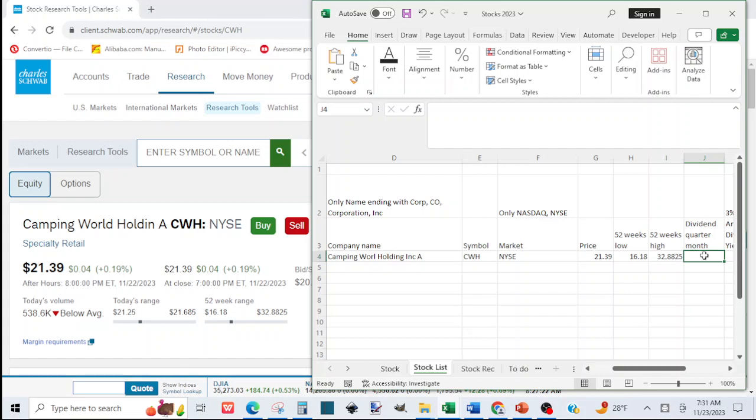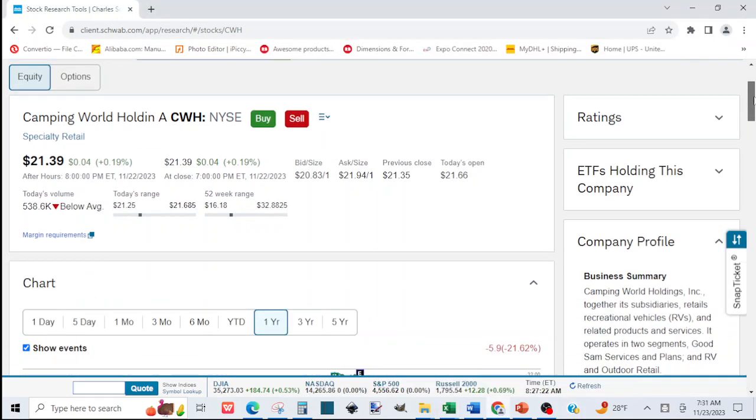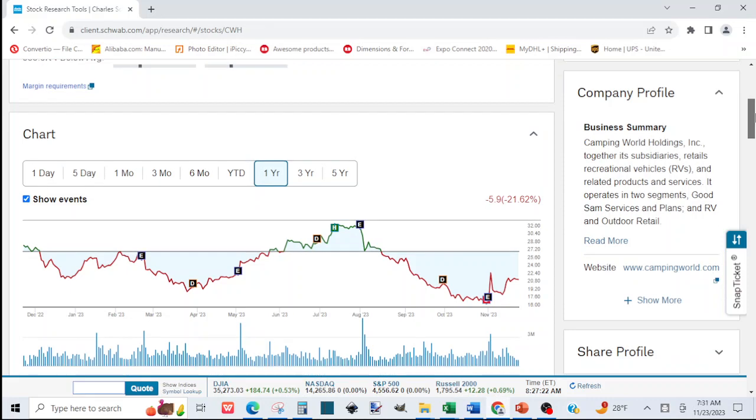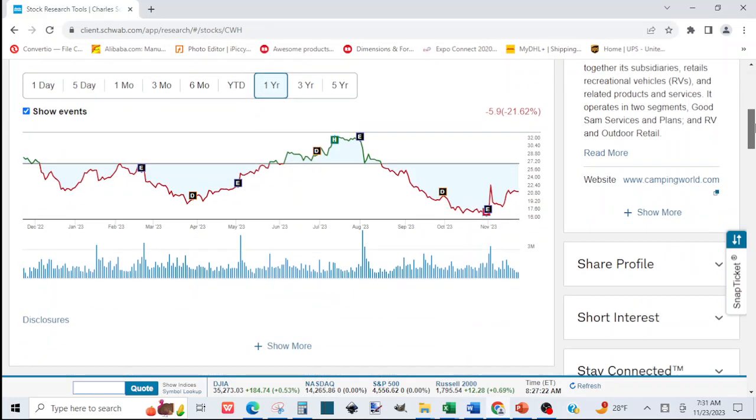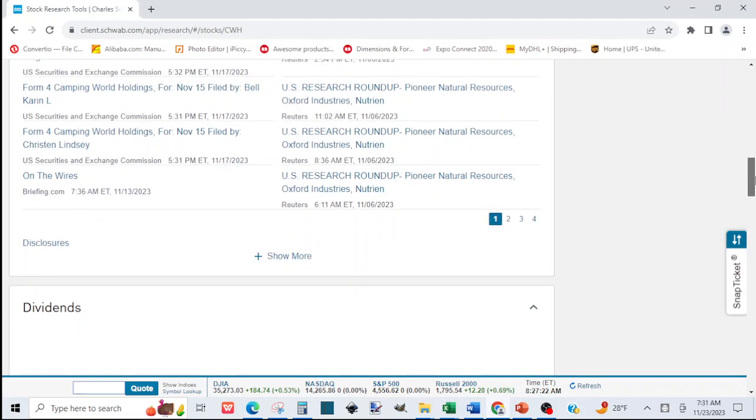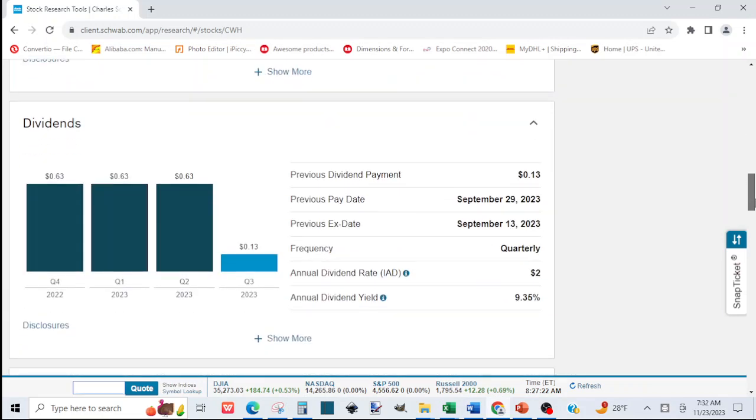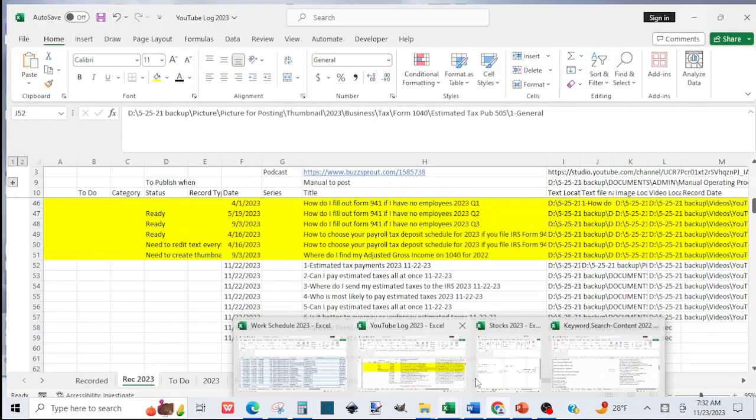That helps to know if it's the right time to buy, if it passes the other criteria later. So at this point, we will continue. You will scroll down to dividend. For dividend, you want to see when it pays dividend, and it is September. So let's see September. Which month of the quarter is that?